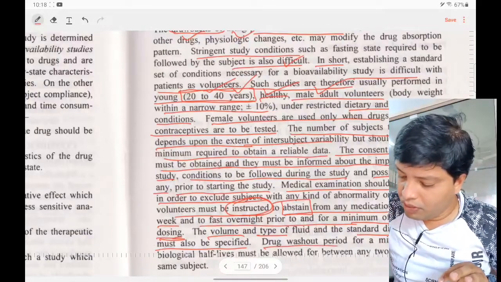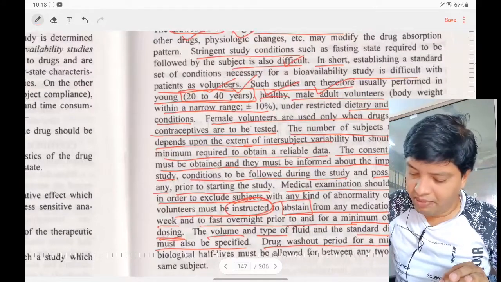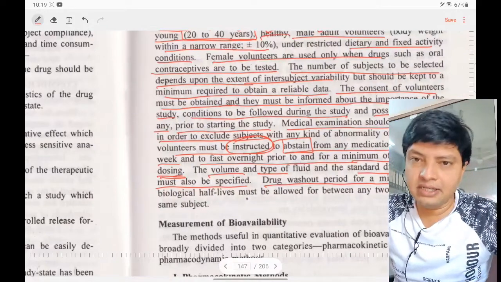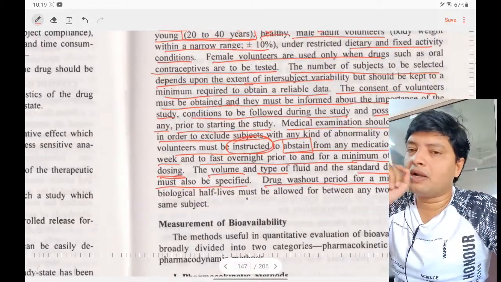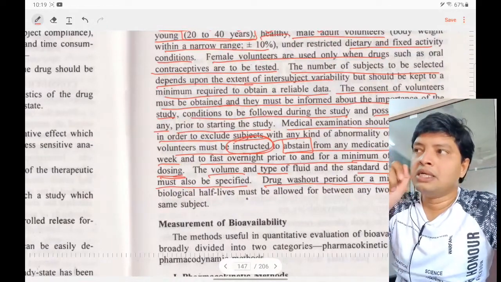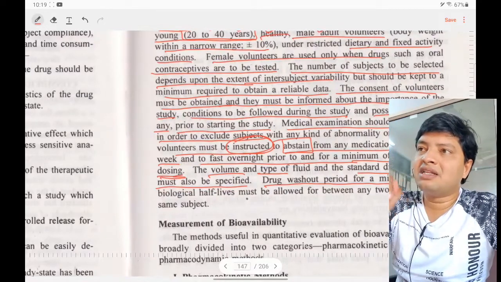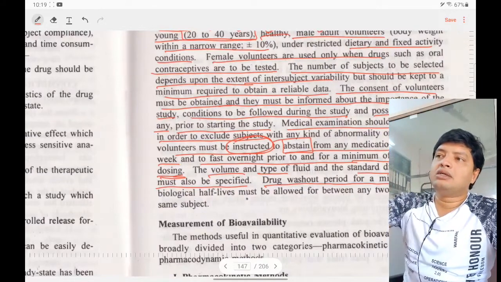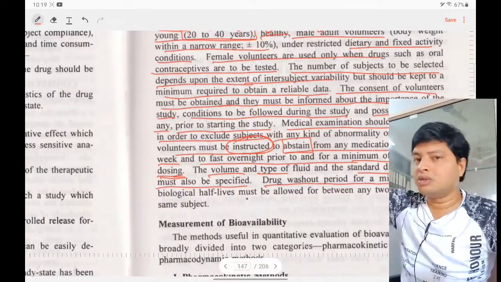During the washout period, a minimum of 10 biological half-lives must be allowed. What is the washout period? Let's say I have taken one drug today. There will be a chance that traces of the drug will be present in my body tomorrow also, the day after tomorrow also, like this.